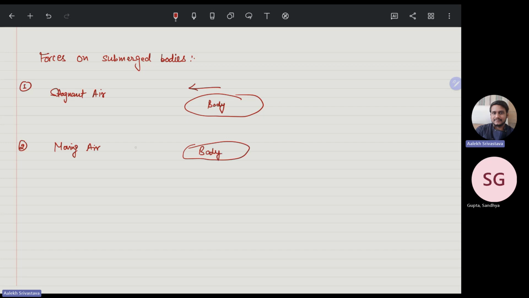Third, you have moving air and a moving body. Both can be moving in the same direction or in opposite directions.